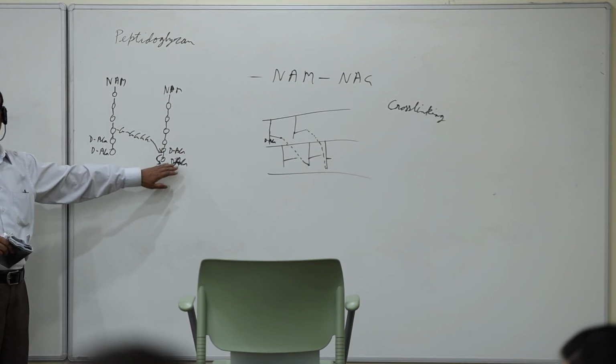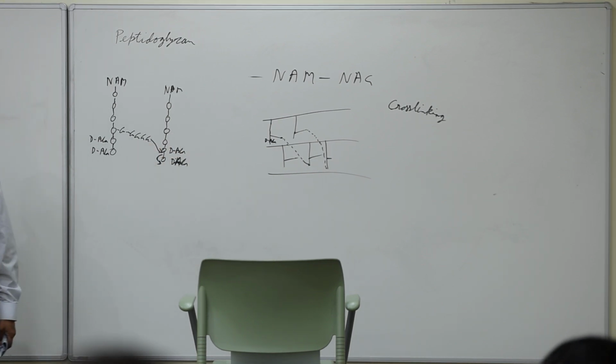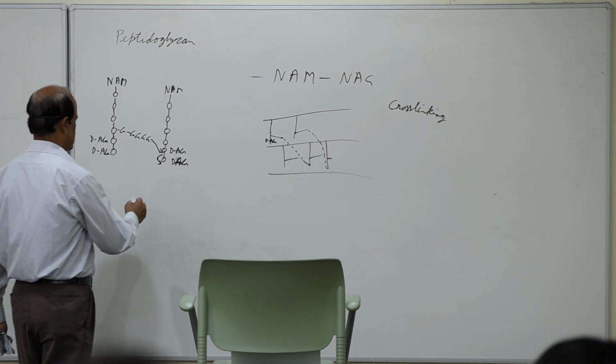If you have penicillin that looks like this substrate, so this is the substrate, the D-alanine bond is the substrate for the enzyme. And penicillin structure looks like that.